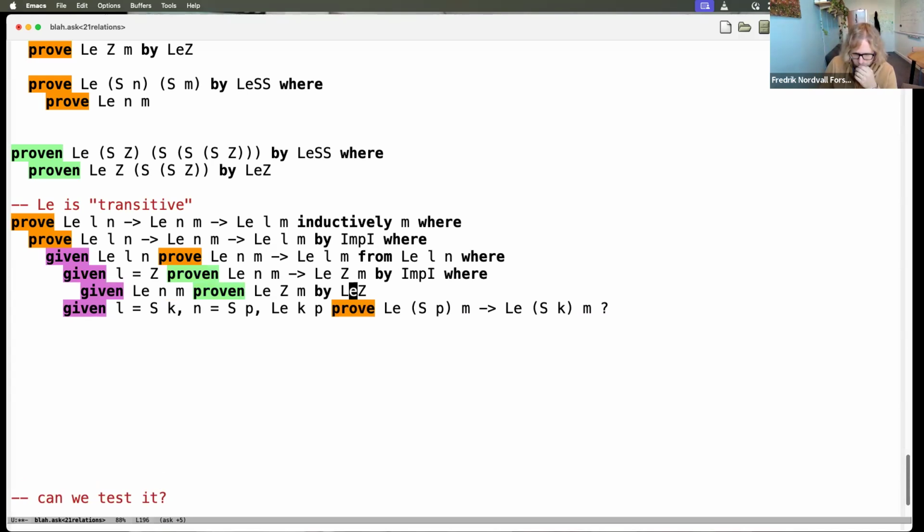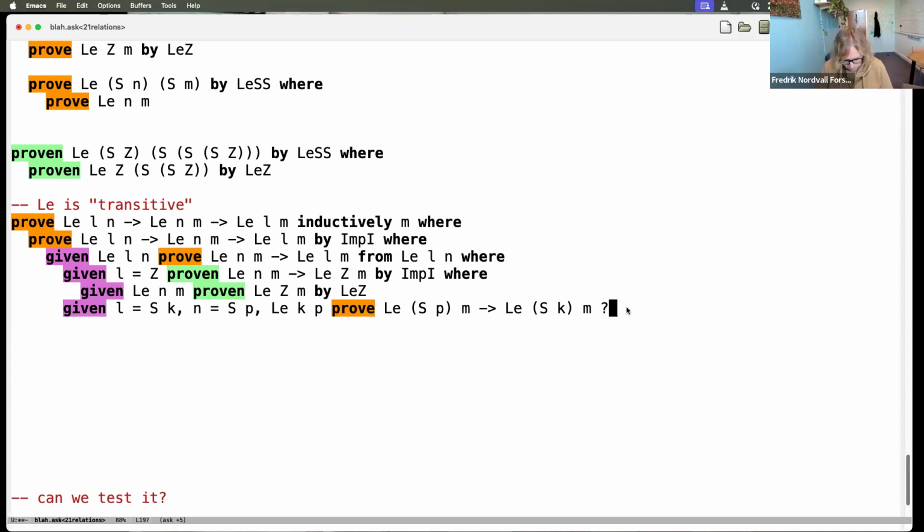But let's look at the step case. In the step case, the double successor case, we learned that L was a successor and that N was a successor. And because we delayed doing the implication introduction, we got a decent bit of substitution happening in the goal. So that's why I didn't do both implication introductions straight away.